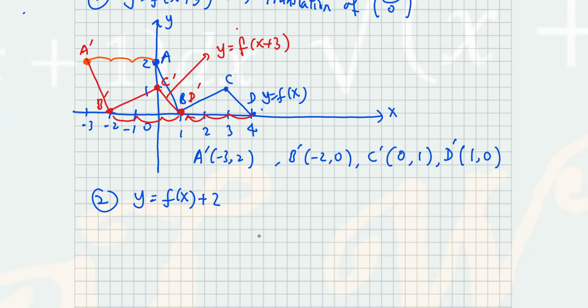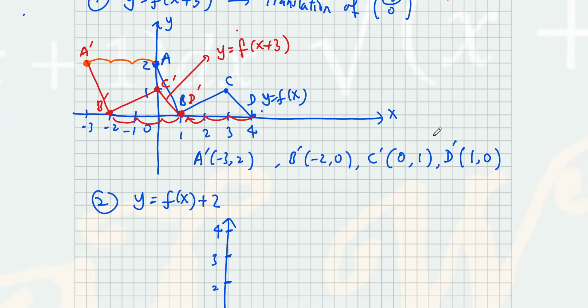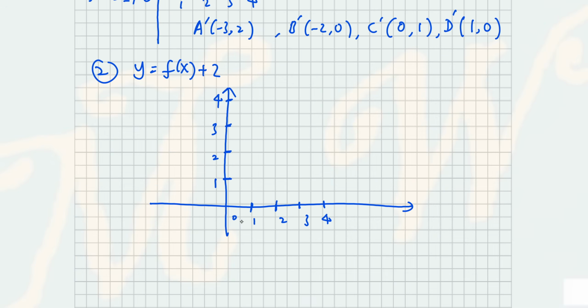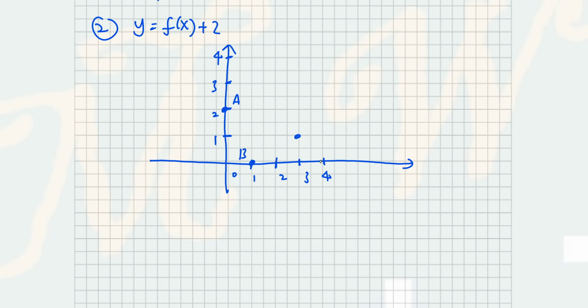Again, I sketch an original graph. Initially the points are 0, 2, 1, 0, 3, 1, and 4, 0.